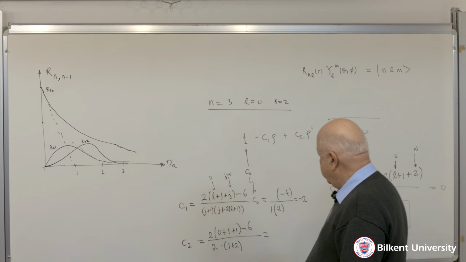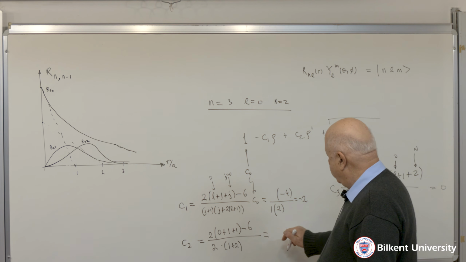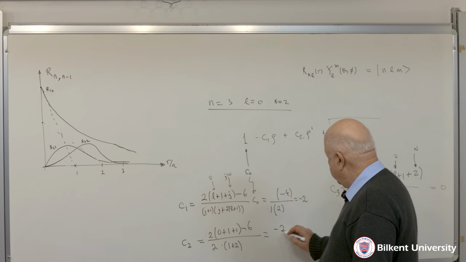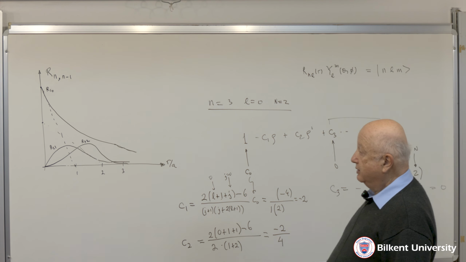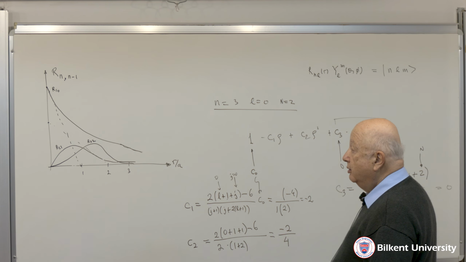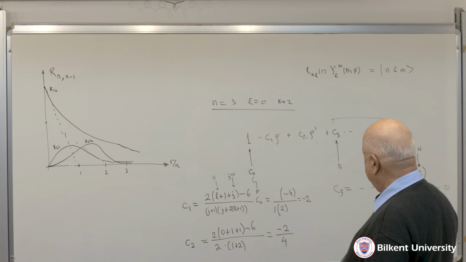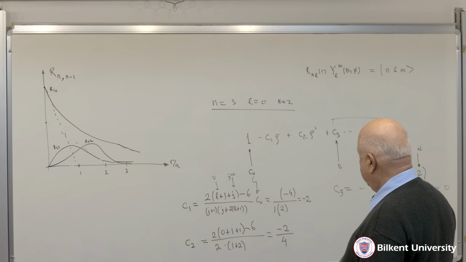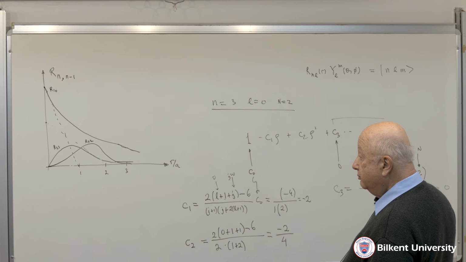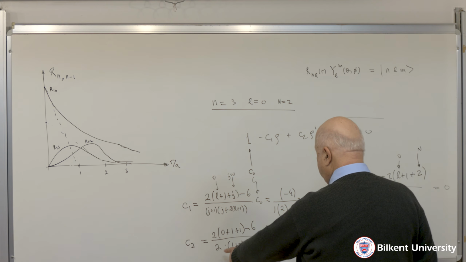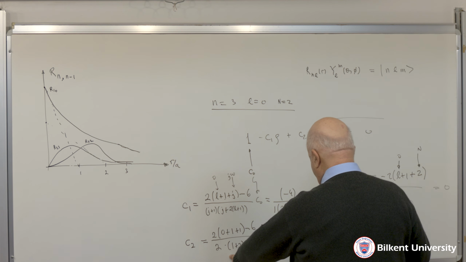So it's going to be 2, 4 minus 2 divided by 4. So I get minus a half times 3. Why 1 plus 2? We got 2 times 3, because we have 1 plus 2 in the denominator.